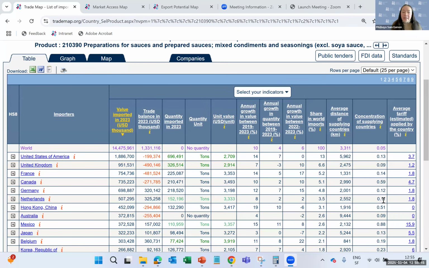Okay. So for example, you will see that for the US, the average distance traveled to the US is around 5,900 kilometers. So you can look at the US and see who is within the radius of 5,900 kilometers. You will see Mexico, you will see Puerto Rico, you will see Canada. So they are used to buying, sourcing from those markets.